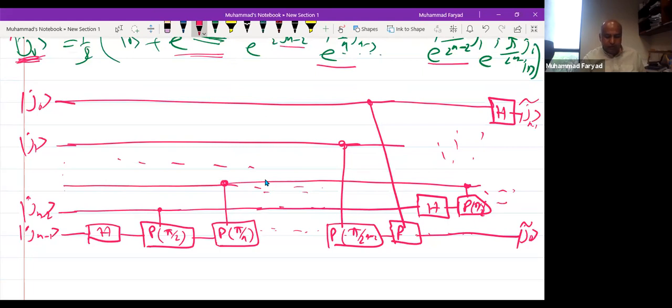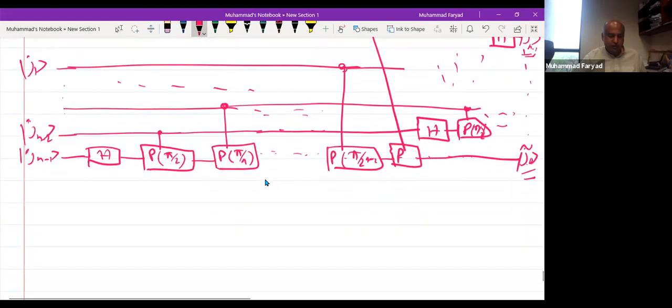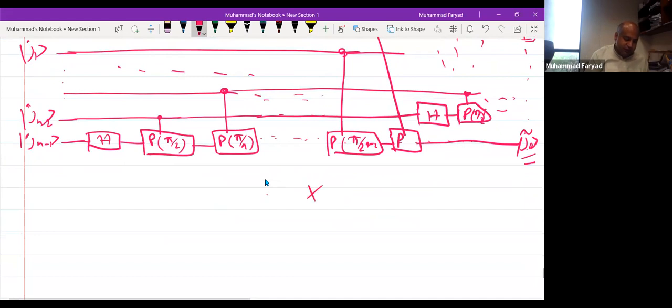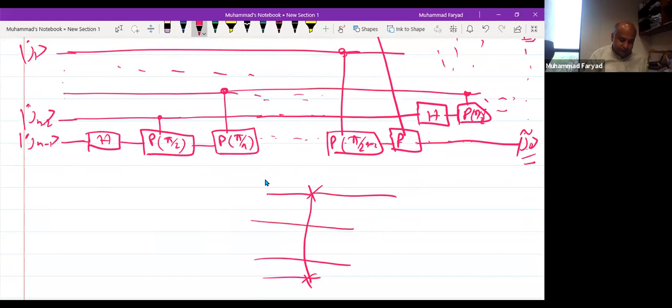So we are able to get all of these outputs, but there's only one trouble, and that is that they're coming in the reverse order. This j0 should have been on the top, and jn minus 1 should have been at the bottom. So what we can do easily is apply swap gates like this, so that the highest and the lowest are swapped with each other, then these two are swapped, and so on.